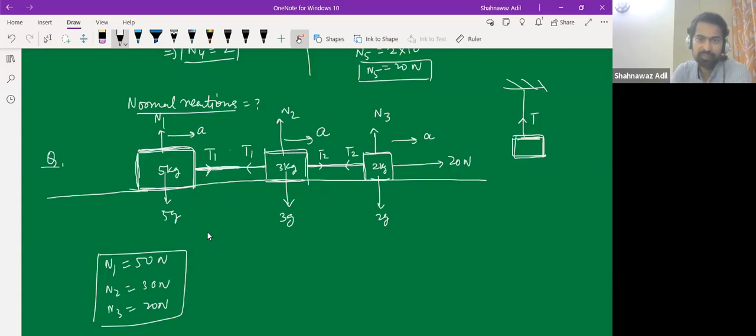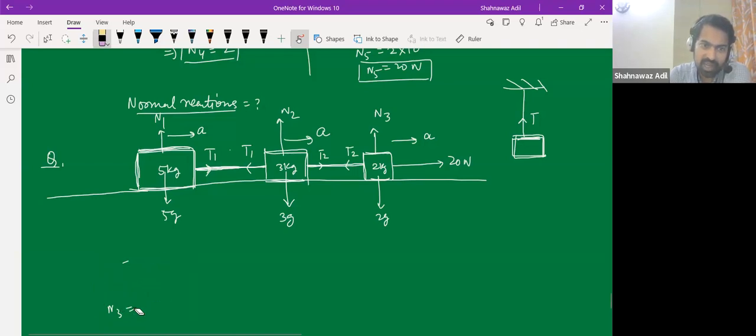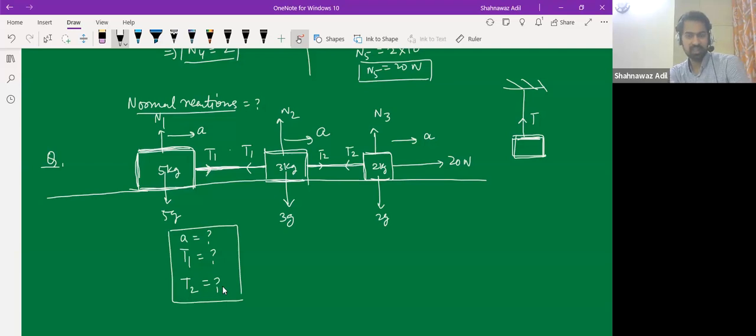Understood? Okay, so the question for you guys is that you have to calculate T1 and T2. But first calculate A, and tell me.